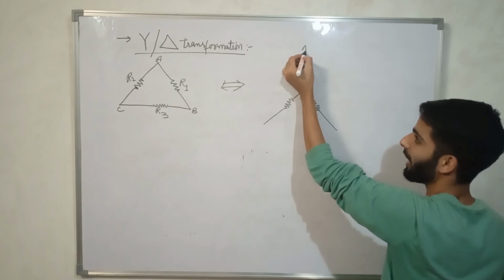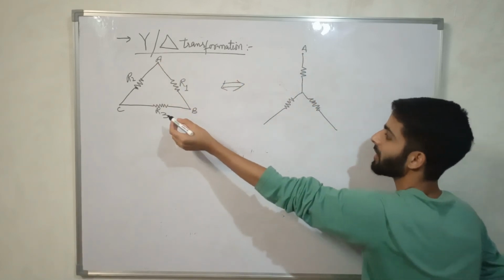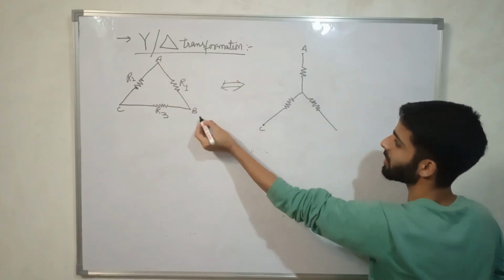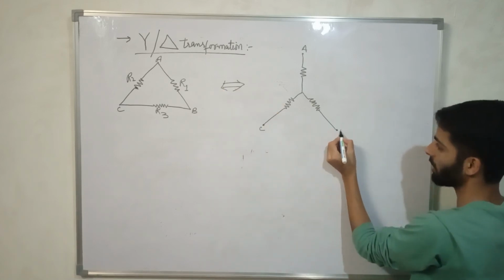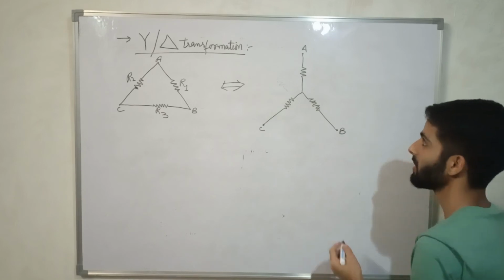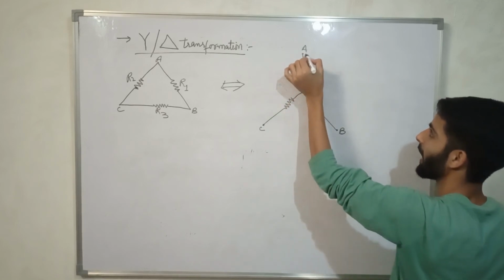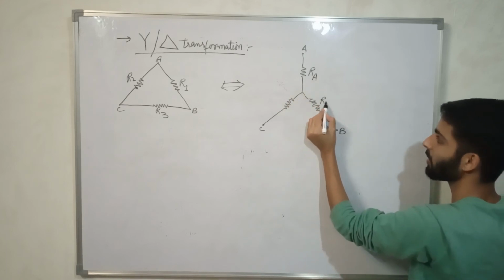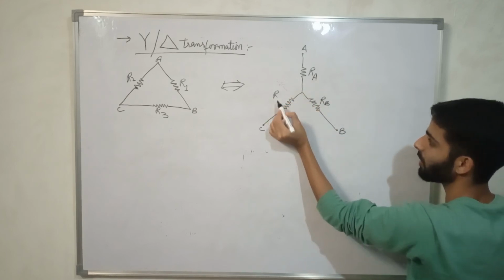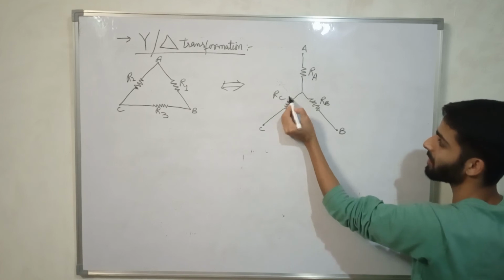This point B, point A, like this, point C, and this point B, so that it will form the symmetry. This is point A, corresponding resistance RA. This is resistance RB. This is resistance RC, corresponding to point C.